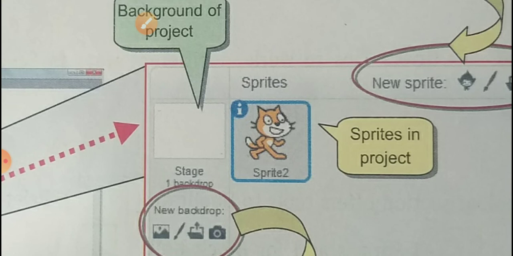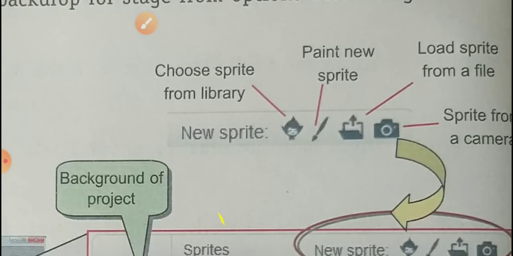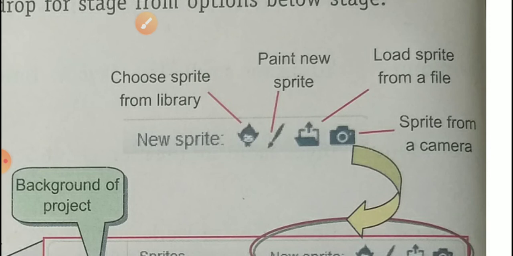Sometimes you can take a new one also. So to create a new sprite or stage on your own, you can use a library. So choose sprite from library. See here there are different options available.